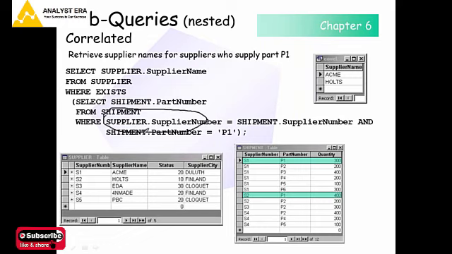Do you see this? supplier.supplier_number. This column is coming from the parent query, right? So in a correlated subquery, there will be a column of the parent query inside the subquery.